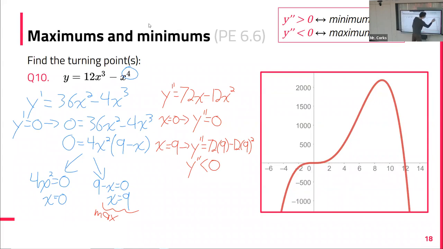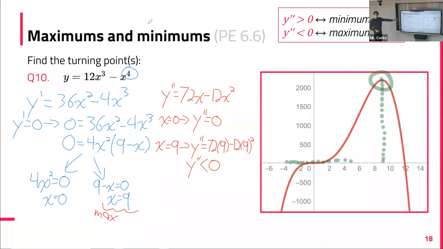And we can see when x equals 9, we have this maximum point here. Our slope is flat there. So that one's easy. But then we also have this other point here where x is equal to 0. This is our thing where the slope is going perfectly flat, but then continuing in the same direction.